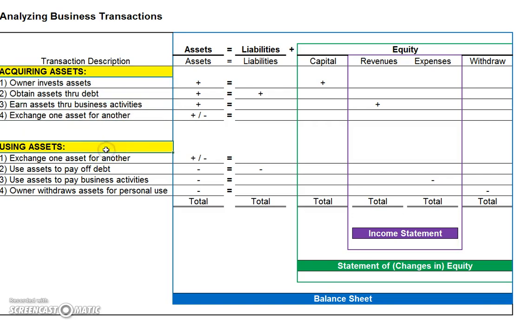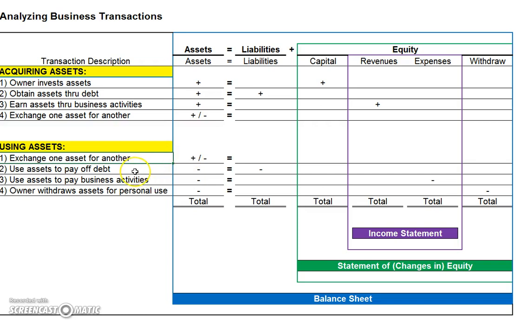Now we're going to move down to the 4 different ways you can use up an asset. And notice in this case I have minuses in my asset column because using up an asset is obviously going to minus an asset. I wanted to be parallel, so I decided to put an exchange of one asset for another in both the acquiring assets and in the using up of an asset because, as you can see, it falls into both of those categories.